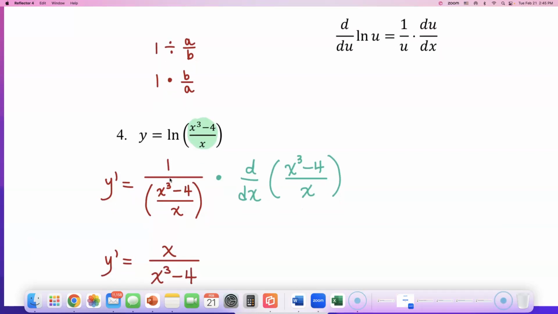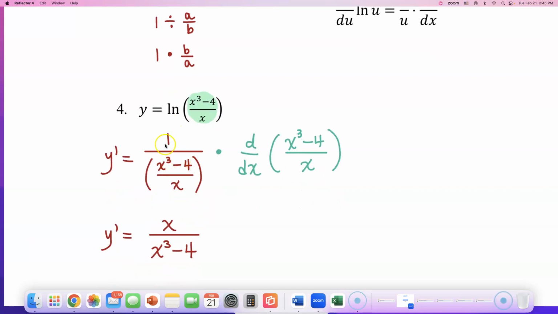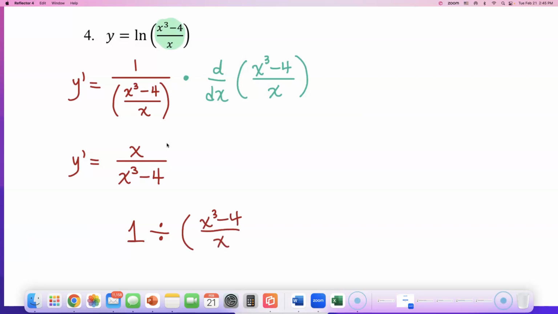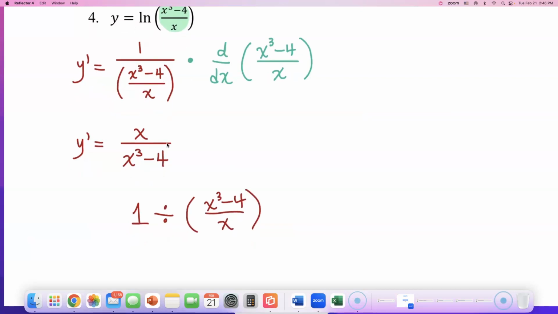So that's how you can simplify this first fraction, okay? What you had was 1 divided by this x cubed minus 4 over x, right? That's what you had. But you can do keep, change, and flip. So if you do that, 1 times x over x cubed minus 4, that just turns into that fraction. So that's what you can do for that red part.